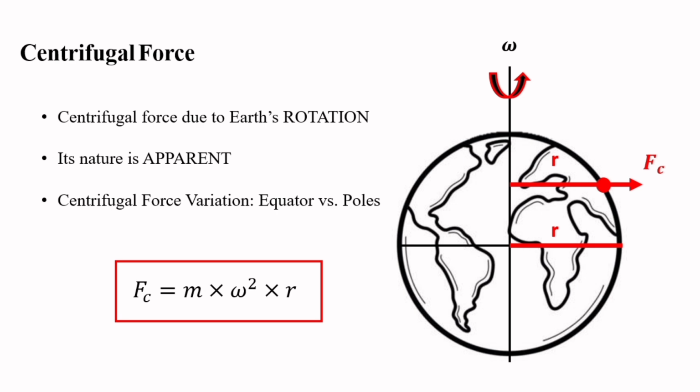The centrifugal force is greater at the equator than at the poles because of the Earth's rotation and how this force depends on the distance from the axis of rotation. At the equator, the large distance from the Earth's axis makes the centrifugal force stronger. At the poles, the small distance results in a much weaker or nearly zero centrifugal force.